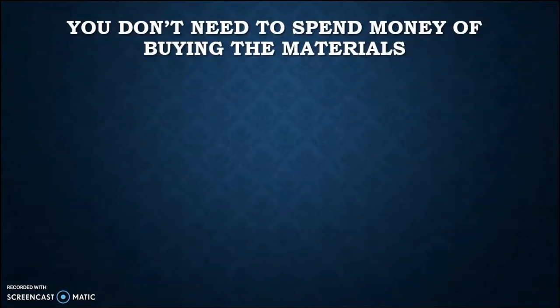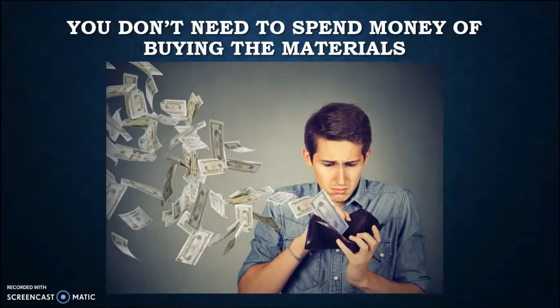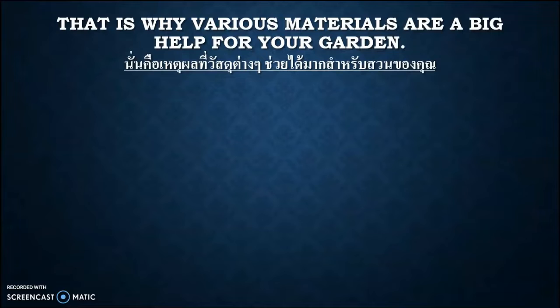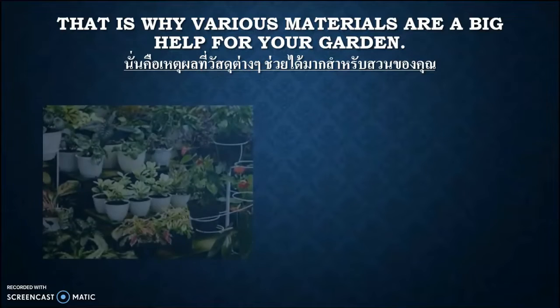You don't need to spend money buying the materials. Yes, because you can save if you use the scrap materials or the waste materials that we don't need. That is why various materials are a big help for your garden.